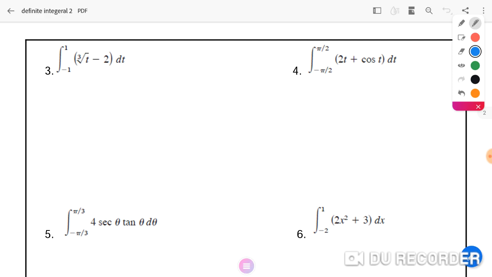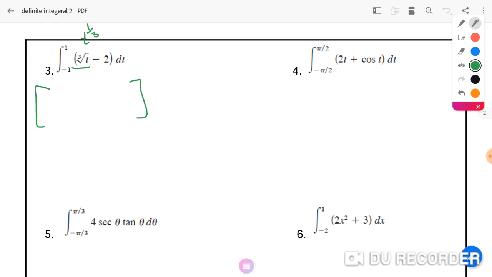So I need to rewrite the function. Let's see how to rewrite this function. This function is in radical form, and I can't apply the rule of integration on a radical function. It must be written in power form. Cubic root of t means t to the power one third. Now it is ready to apply the integration rule.